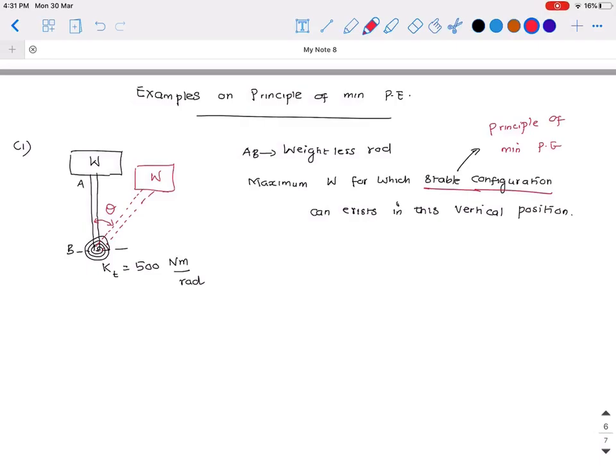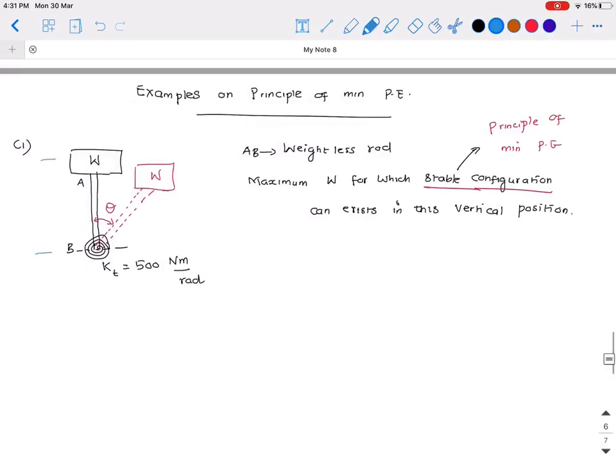If this is L, this is L cos theta, and this is our origin, the origin about which we measure theta.